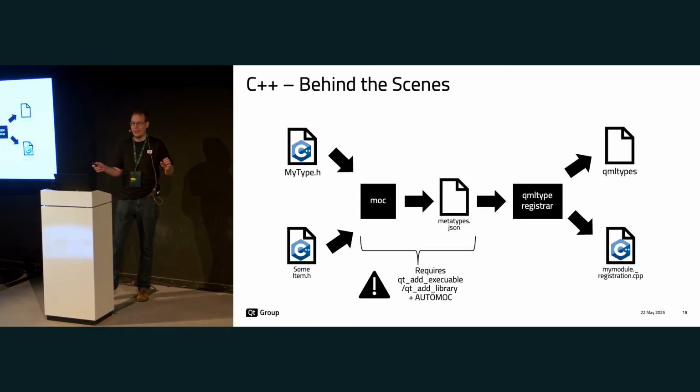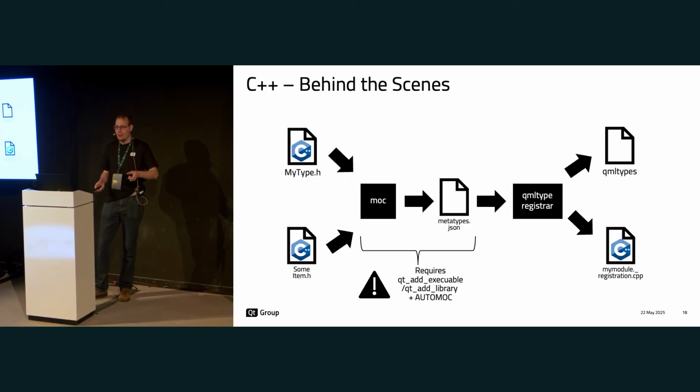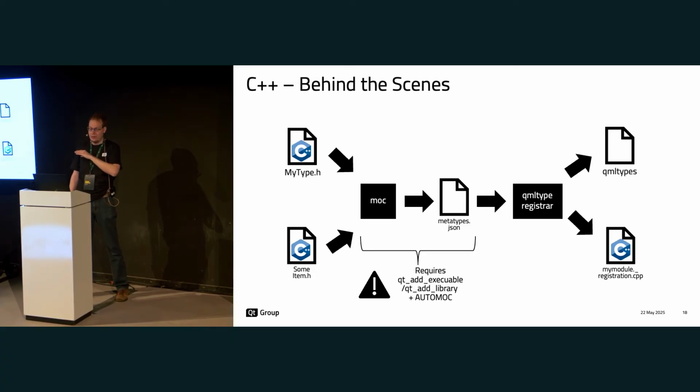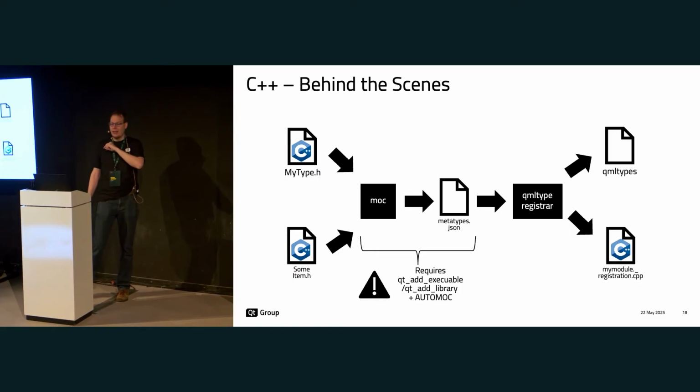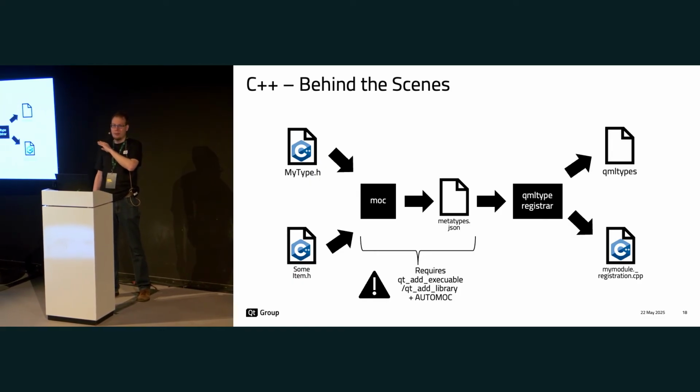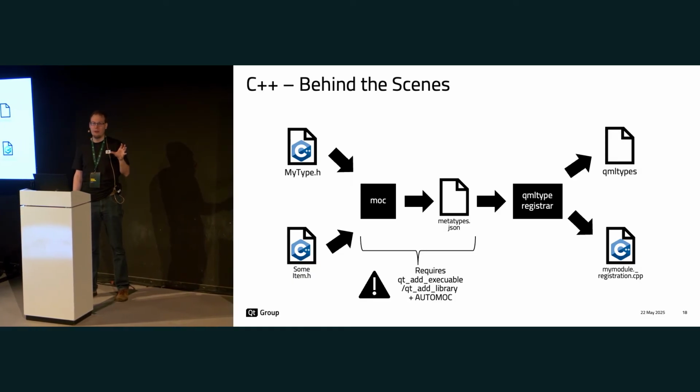Now, should you care about this? No. That's detail. We are doing the job for you. You shouldn't really care about it. But you should recognize this relies on moc running, and it relies on that metatypes file being generated. That means you really should have automoc enabled, because otherwise moc might not run.